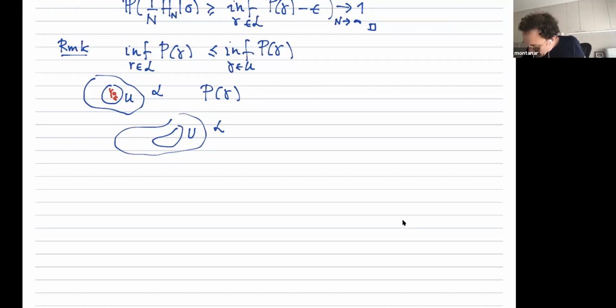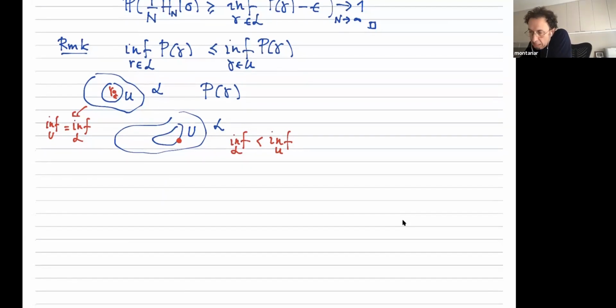If gamma star is on the boundary of U, then chances are that the minimizer over L is different from the minimizer over U. So in the first scenario, inf over U is equal to inf over L, and in the second scenario, chances are that inf over L is strictly smaller than inf over U. This means that in the first scenario, the algorithm that we constructed basically finds the optimum.